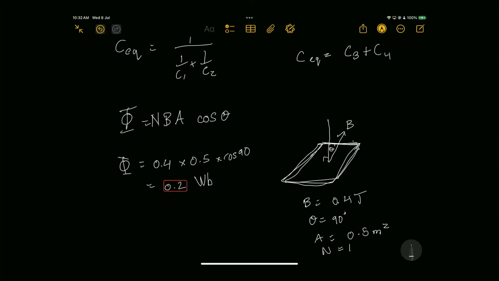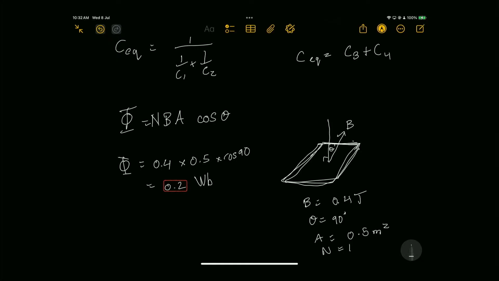Right, we also saw two laws. These laws are Faraday's law and Lenz's law. So what does Faraday's law state? Change in magnetic flux induces EMF.